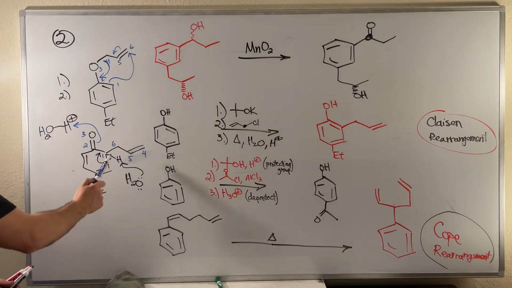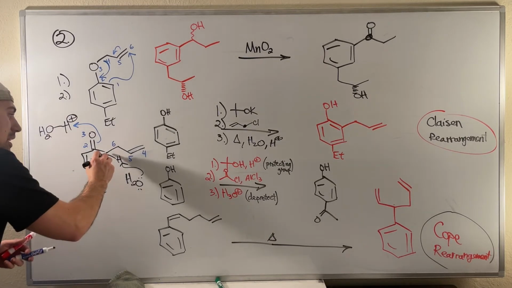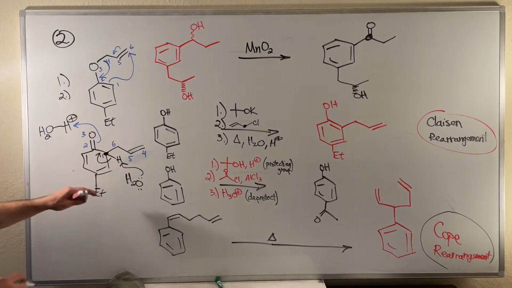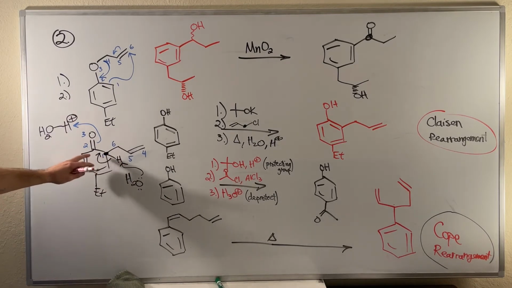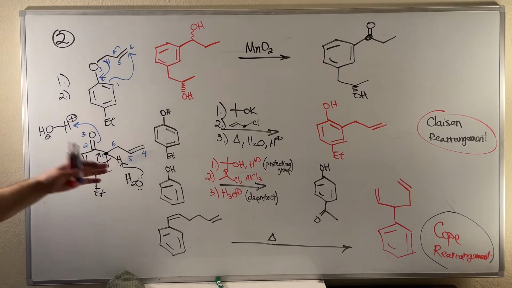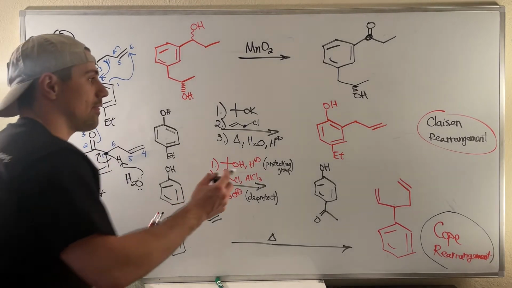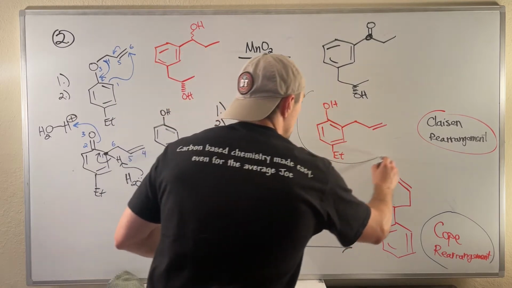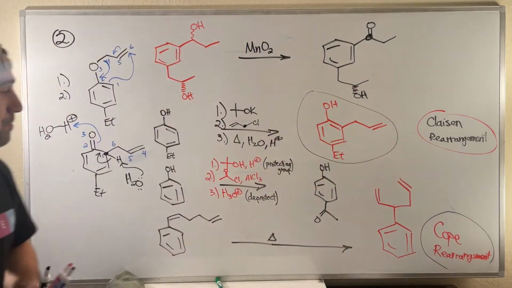So you definitely will do a little bit of an elimination step here to regain your aromatic system. And then in doing so, you'll have to move this bond somewhere else. It'll get protonated to make room so that aromaticity can be restored. And that's how you end up with this monster over here.